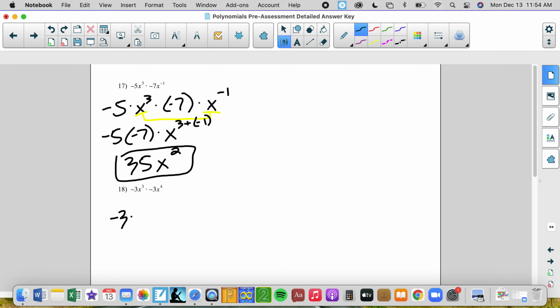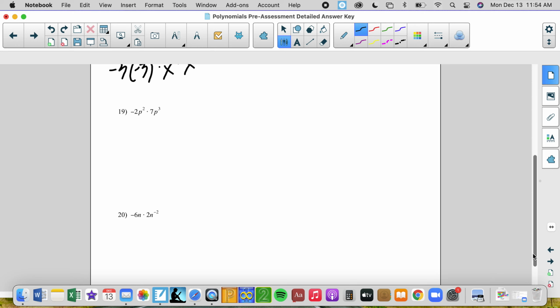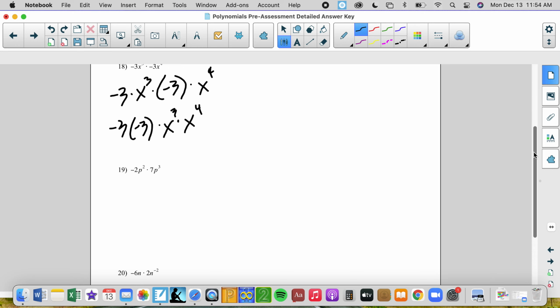We have negative 3 times x to the third times negative 3 times x to the fourth. We're going to multiply that negative 3 times the negative 3, the constants, and then x to the third times x to the fourth. Well, since we have like bases, that's going to be 9x to the 3 plus 4, or 9x to the 7th.